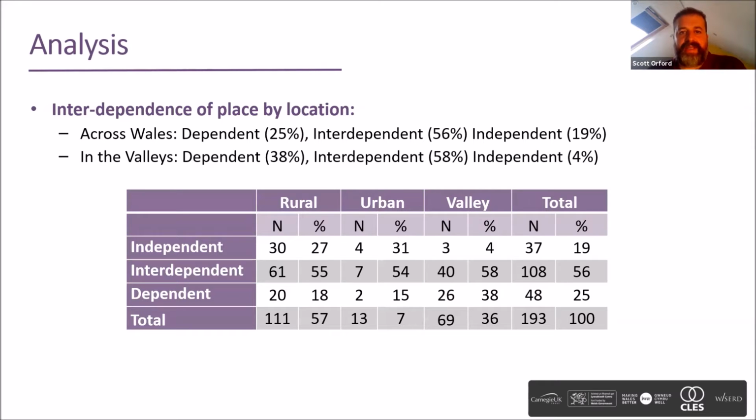In particular, the valleys tend to have a lot more places which are dependent and interdependent rather than independent compared to the rest of Wales. This might not be surprising given that the valleys is the old industrial mining area, and often locations of deep and persistent deprivation. So for the remainder of the analysis, we decided to actually focus on the valleys in a bit more detail. Next slide.